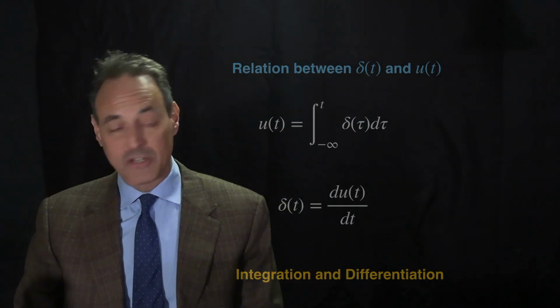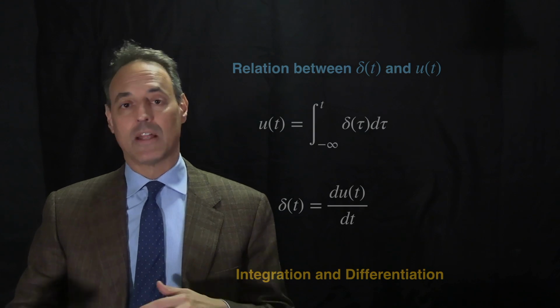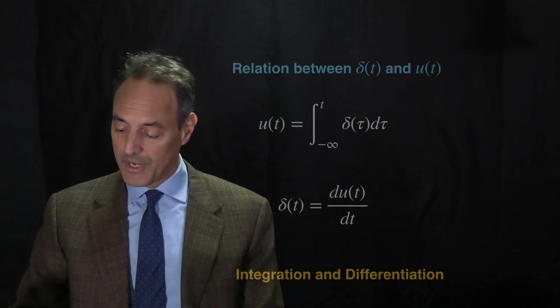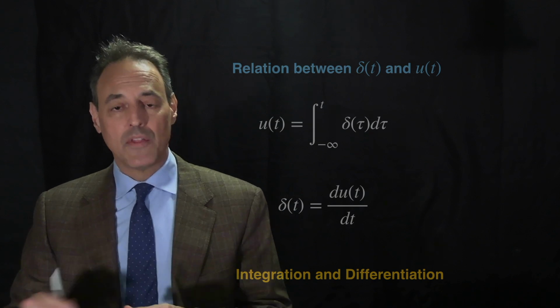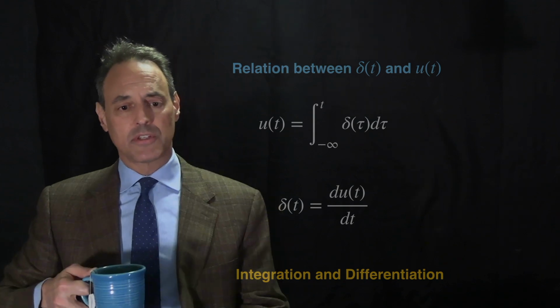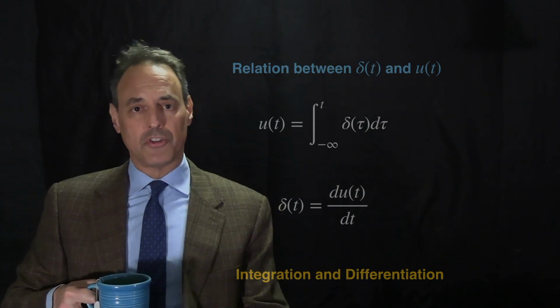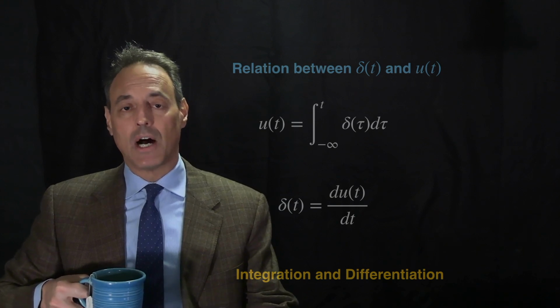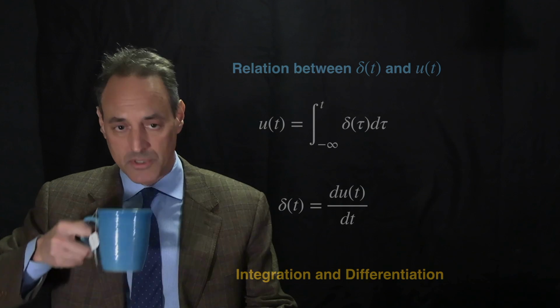But it's an infinity where the area under the curve is 1. Okay, so that's the relationship. And again, this all makes formal sense when you consider it in the context of distribution theory, which is a generalization of functions defined in integral representations.